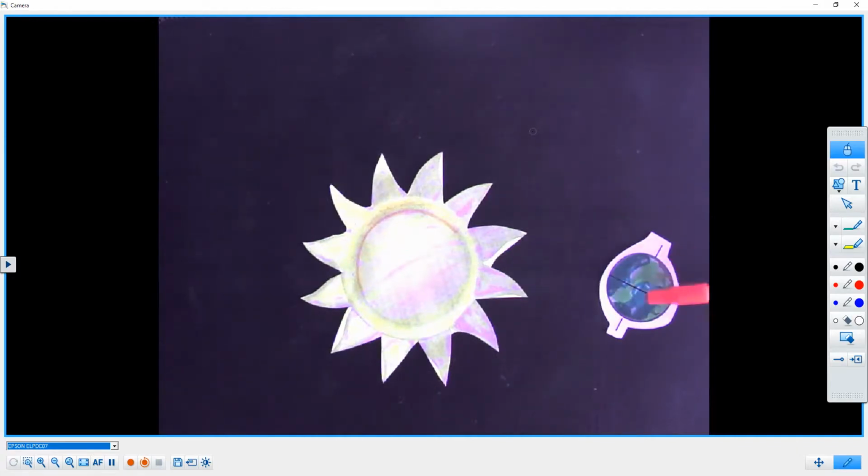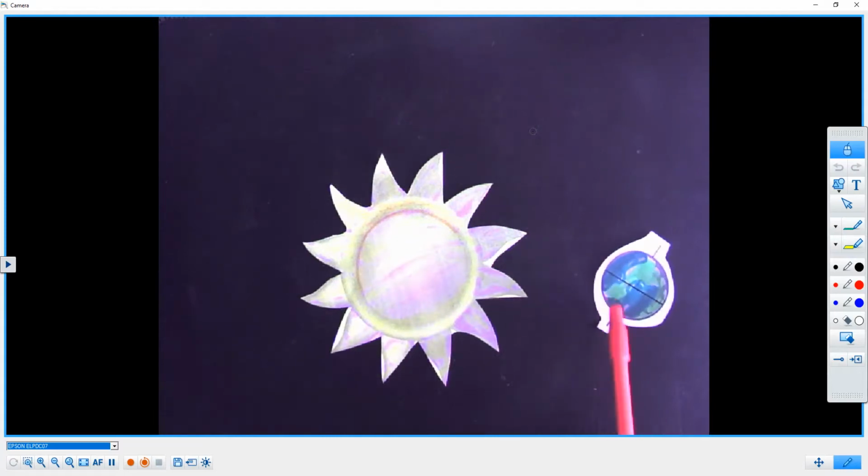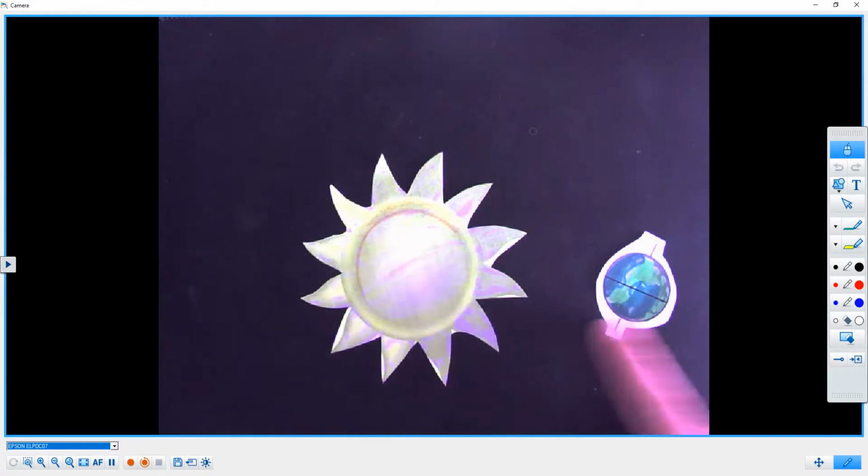So the southern half of the Earth is tilted towards the sun. So this part of the Earth is experiencing that direct sunlight. So while the northern hemisphere is experiencing winter, the southern hemisphere is experiencing summer.